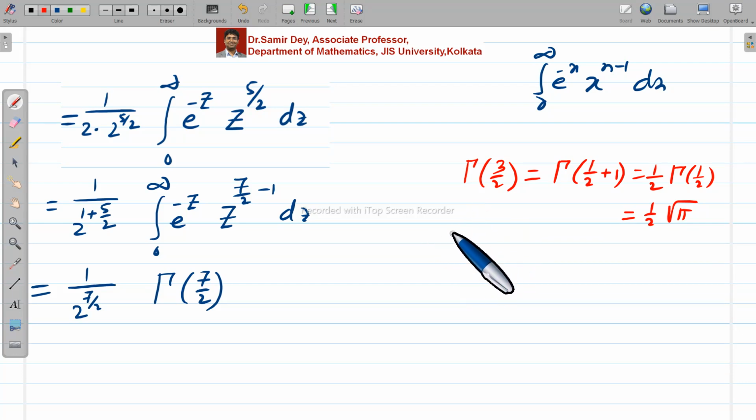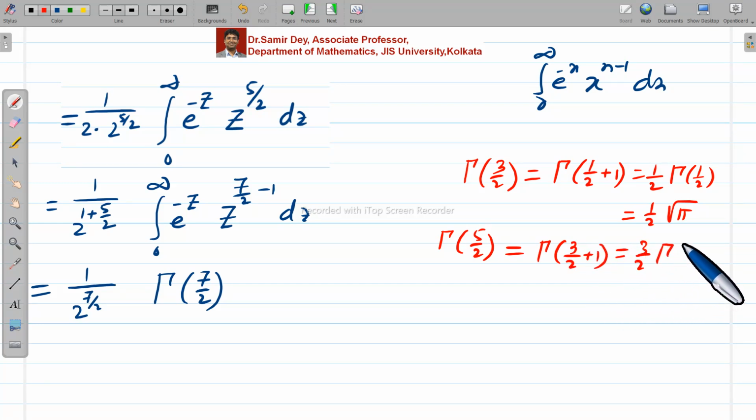If you want to write gamma 5 by 2, it can be written as 3 by 2 gamma 3 by 2. Gamma 3 by 2 you already know. So ultimately it is coming 3 by 2 into 1 by 2 into root pi. Correct? Clear?